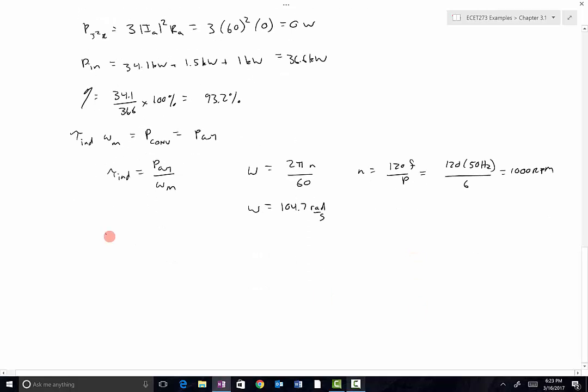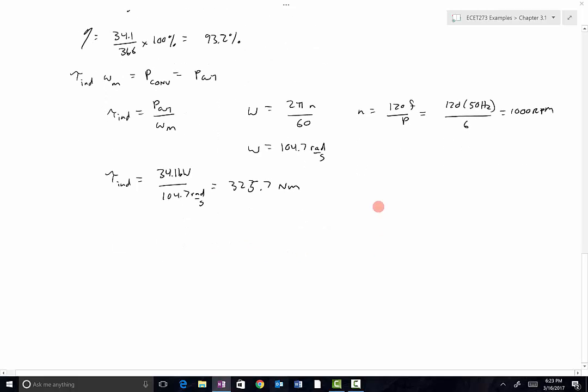The induced counter torque by the armature reaction is going to be P out, which was 34.1 kilowatts, divided by 104.7 rads per second, and that's 325.7 newton meters. The applied torque from the prime mover is P in divided by the angular rate of rotation.